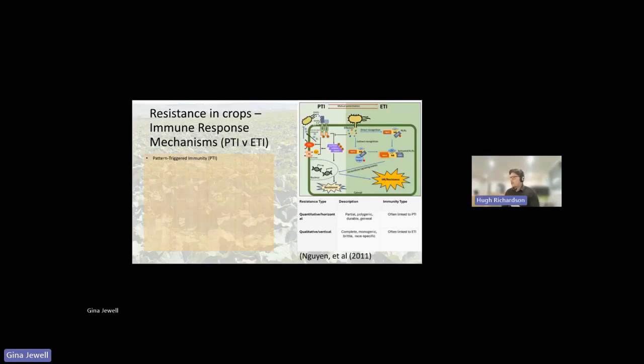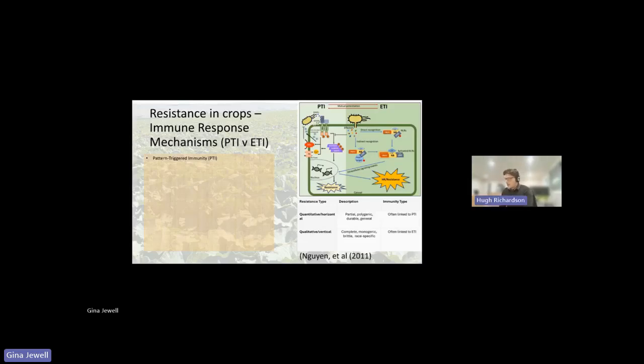The problem with PTI is that it can be circumvented by what are called pathogen effectors, which are specific molecules that can disrupt the recognition systems of PTI. So effectors can bypass PTI, but then you have effector-triggered immunity, where a host plant is able to generate a specific protein sequence or receptor molecule, which can identify a very specific effector associated with a certain pathogen.